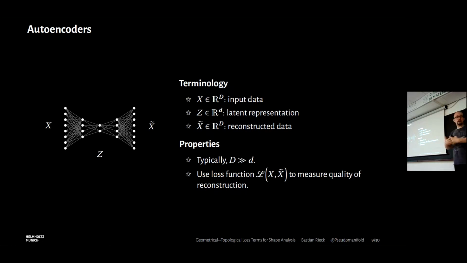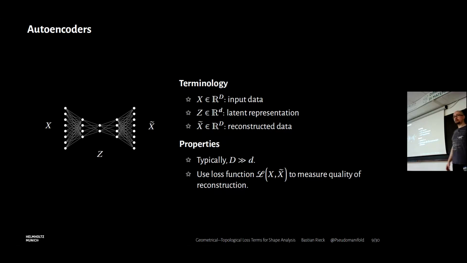The task can be visualization, the task can be something else, the task can even be interpolation between your data points and so on. But in general, you always have one architecture that will crop up time and time again, and this is the simplest instance of that, namely the autoencoder. The autoencoder is a neural network that has an input data x, an output data x tilde, and a latent representation z.